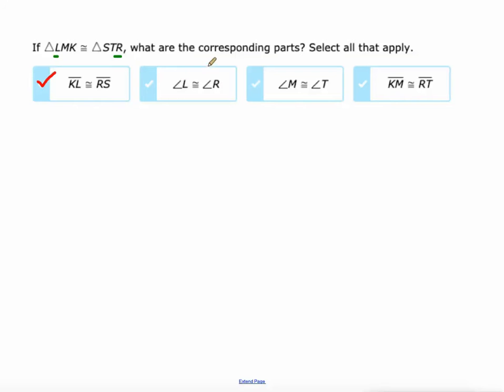Since they're not in the same place in the congruence statement, they are not congruent to each other. They're not corresponding. Angle M and angle T, they're both in the middle. That means they're corresponding. And lastly, KM and RT. Yep, those are in the same place in the congruence statement. That makes them corresponding to one another. It's almost easier without the shape, I think.